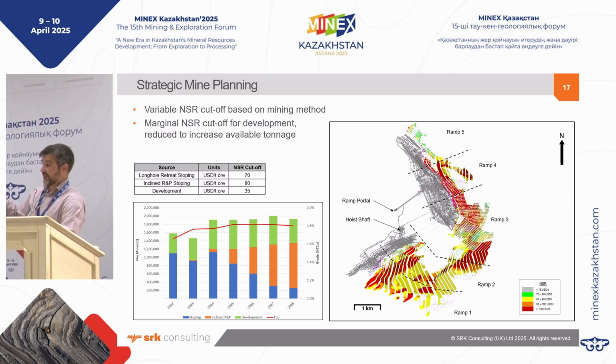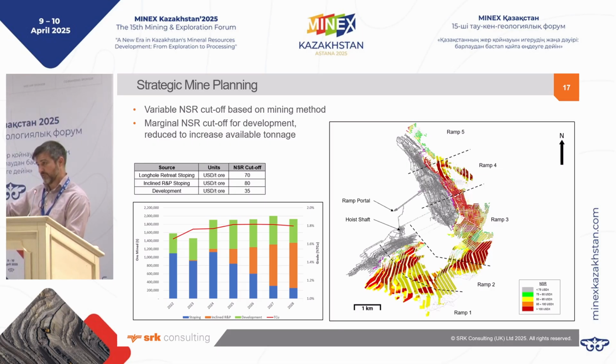A lot of the time we have multiple deposits that have different geometry, different process recoveries, and different suites of metals. So for a single project, we need to break all of those down into different areas.